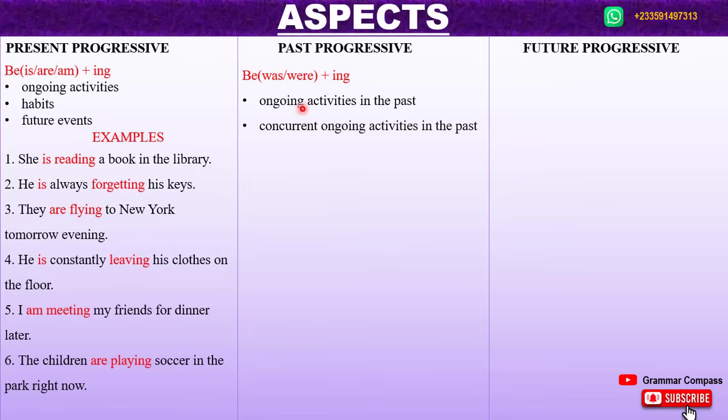This is also used to express ongoing activities in the past time, not in the present, or activities that were going on concurrently or at the same time in the past. So the key word here is ongoing. So this expresses ongoing actions, but it is not in the present time, it is in the past time.